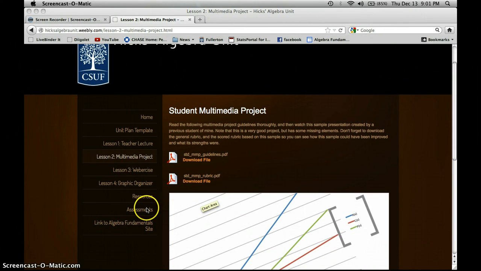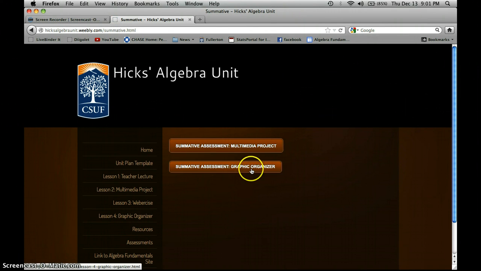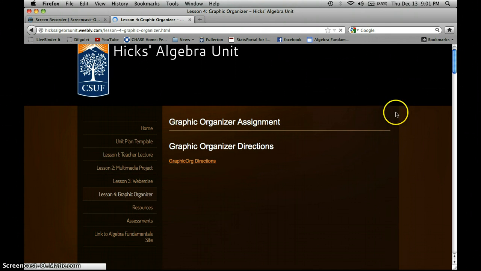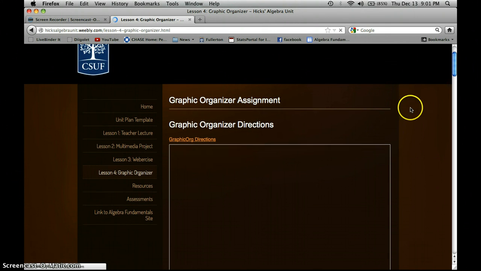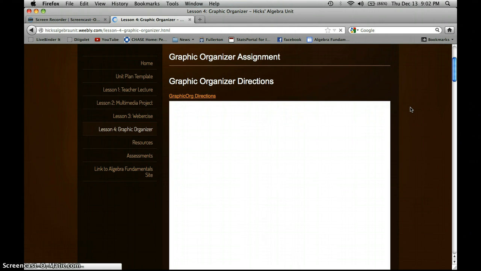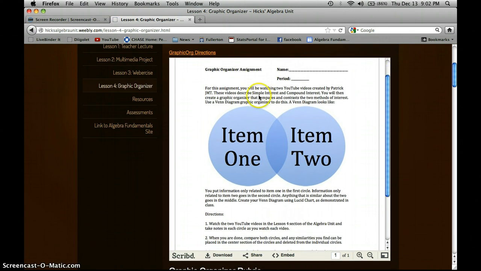And then we have one more summative assessment, the graphic organizer. So while it loads, this one's embedded also. So I give them this graphic organizer.